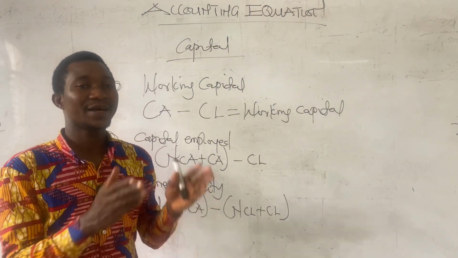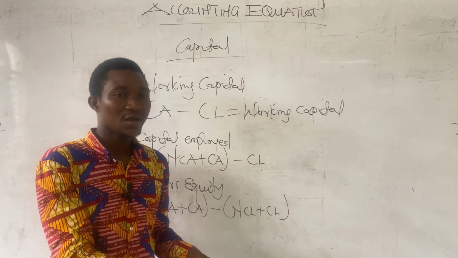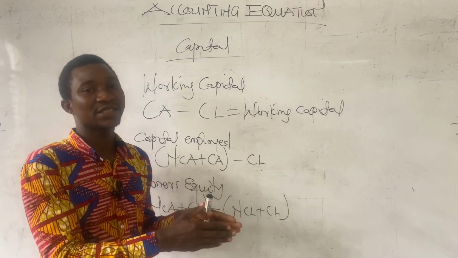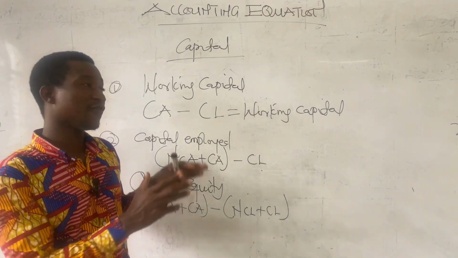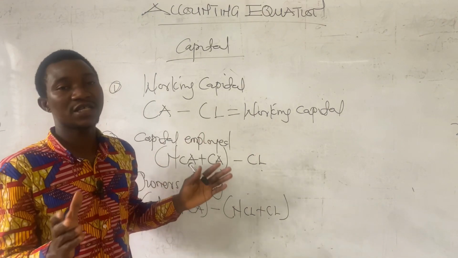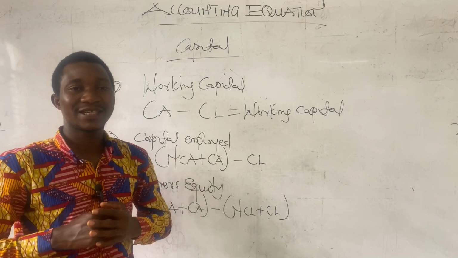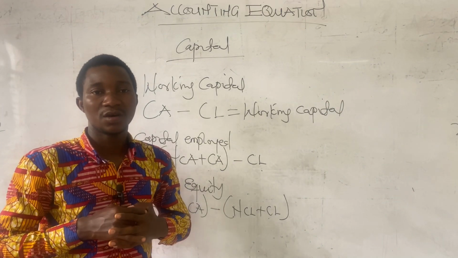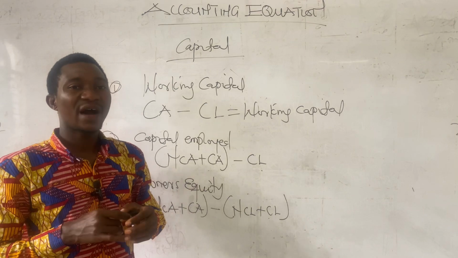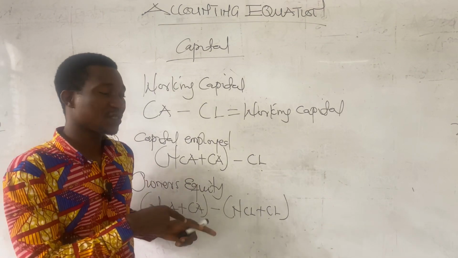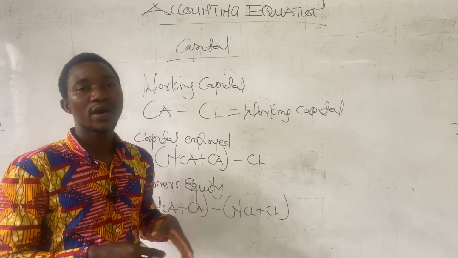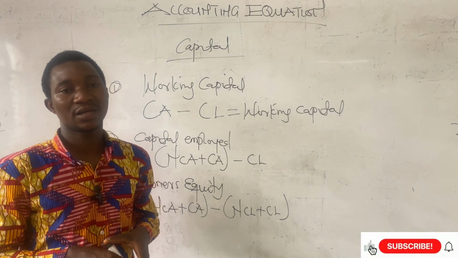So someone will say the balance sheet equation. So the summarized form of the balance sheet or the statement of financial position is the accounting equation. If you really understand this, it will be very easy for you to prepare your balance sheet or statement of financial position. We have the format of the statement of financial position, and the link will be dropped in the description below. You can go and watch it to enhance your understanding.